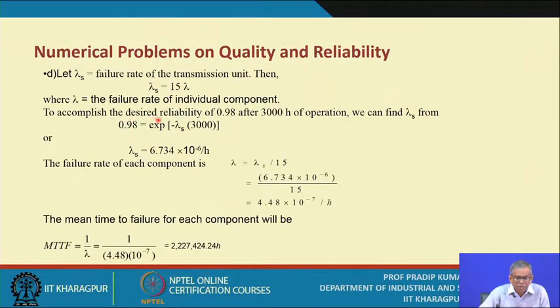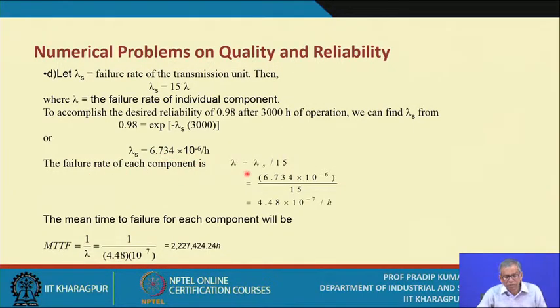To accomplish the desired reliability of 0.98, pre-specified after 3000 hours of operation, this is the system reliability, 0.98, and you apply this formula, e to the power minus lambda s into 3000. So you compute the value of lambda s, that is 6.734 into 10 to the power minus 6. Is it okay?